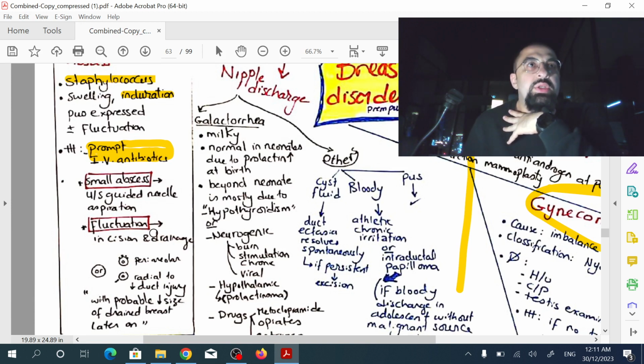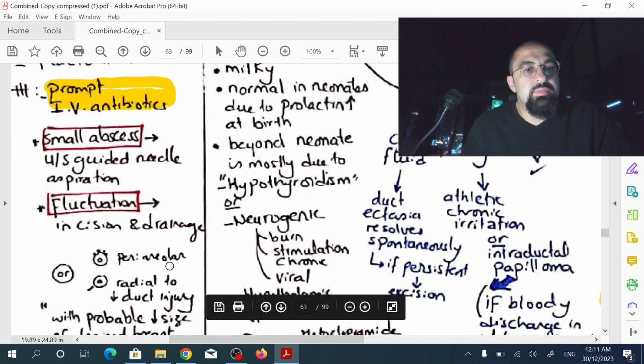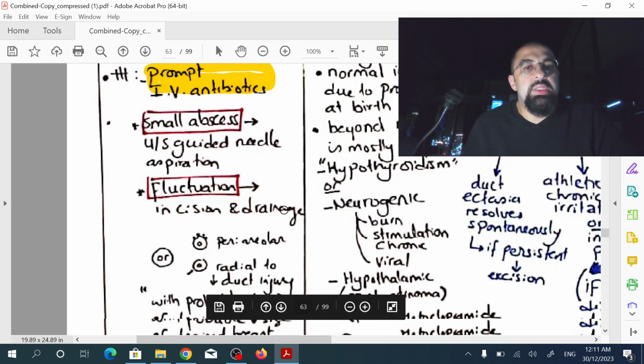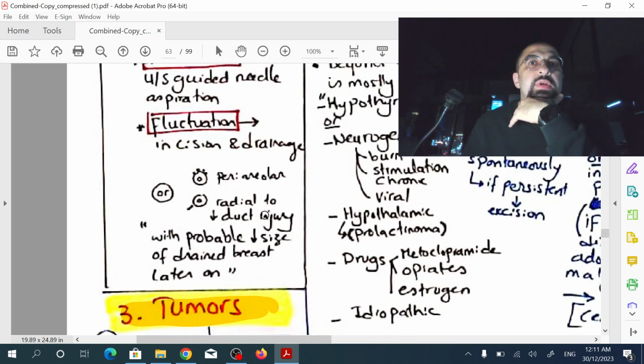If there is fluctuation and it's a soft swelling, a bag of pus actually, you have to do either a periareolar or radial incision, and this should be done as early as possible to allow for drainage and prevent destruction of the breast tissue.